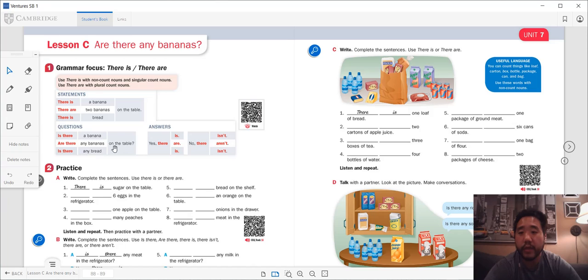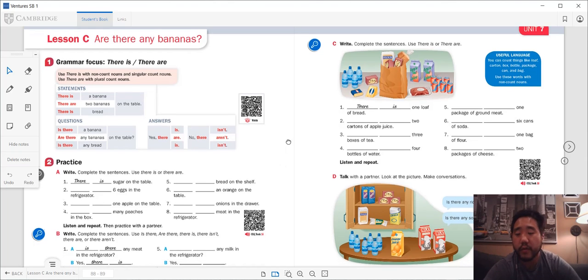Is there any bread on the table? Yes, there is. No, there isn't. So we have to be careful and check what kind of nouns are being used if we want to use the phrase there is or there are to make a statement or question or just to answer them.